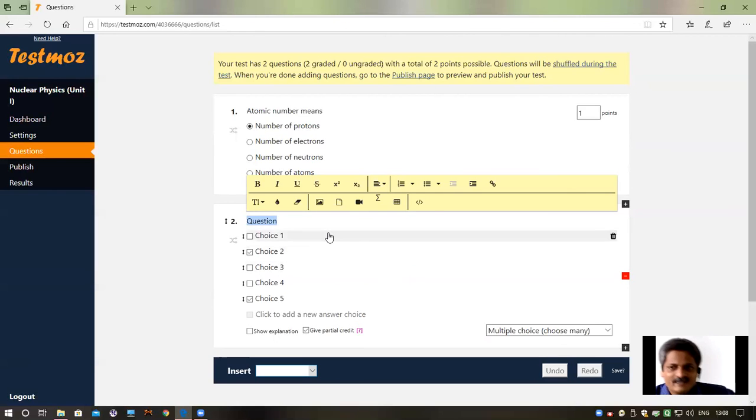Multiple choice, choose many means questions having multiple answers. Now consider atomic mass number consists of.